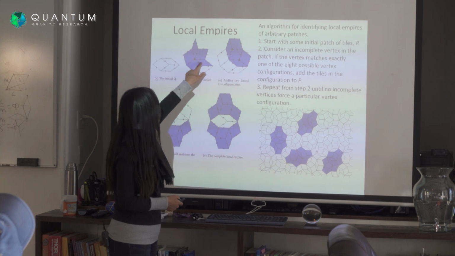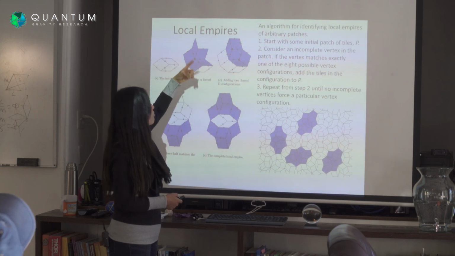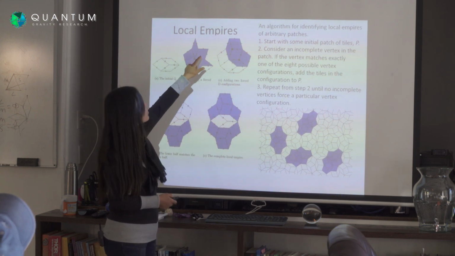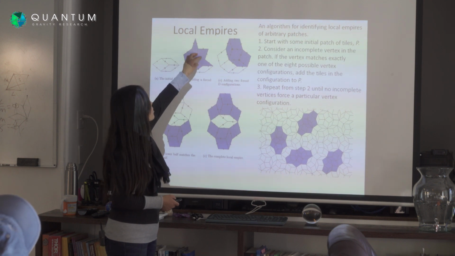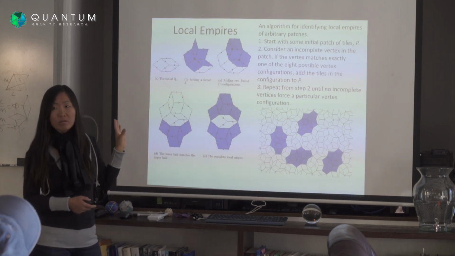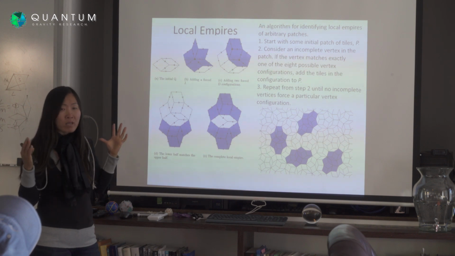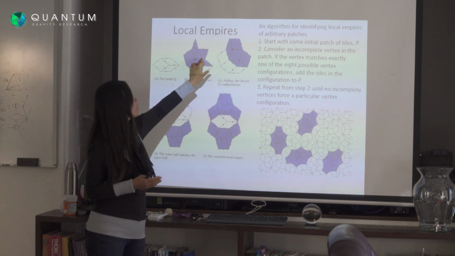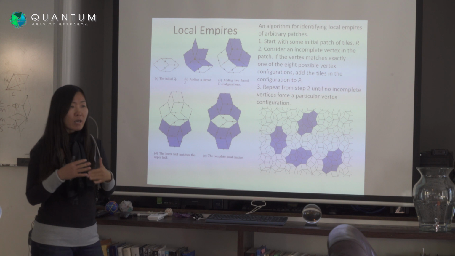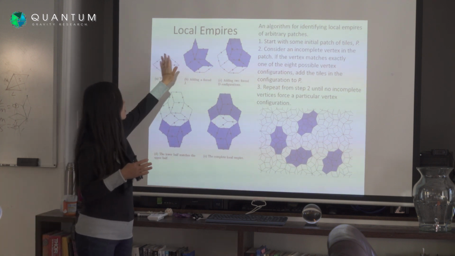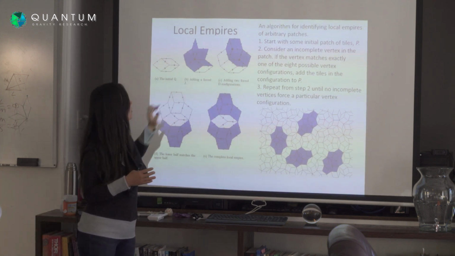And once you have these two, you only have one option for the adjacent one. So all these are forced to be there based on the matching rule. You don't have any other choice. These are the only choices that you have.